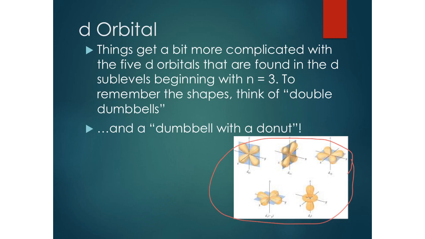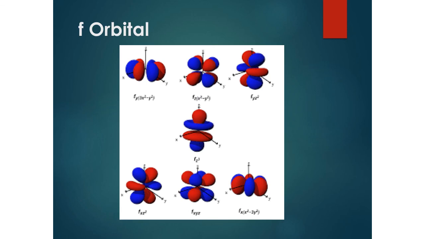You don't, for this level, actually really need to know their shapes. And then the F orbital, or the F sublevel, the orbitals within the F sublevel definitely get a little bit complicated. F sublevels will hold up to 14 electrons because they contain 7 orbitals.